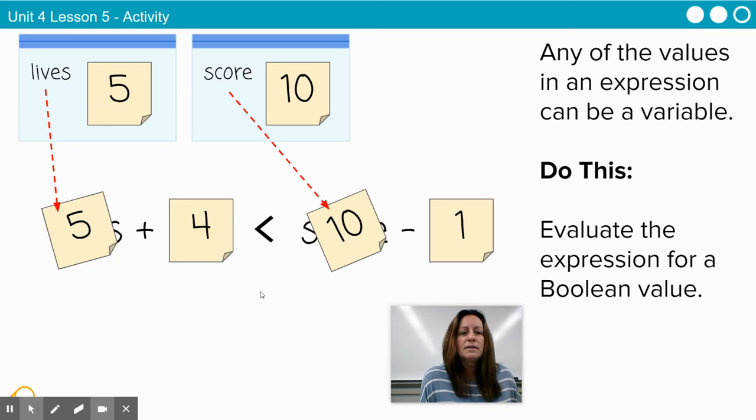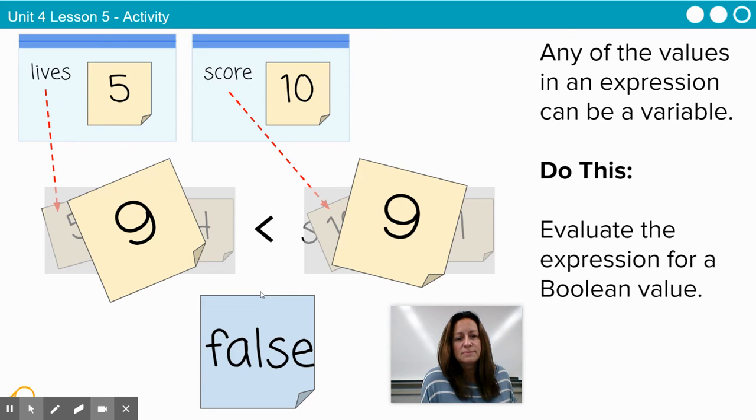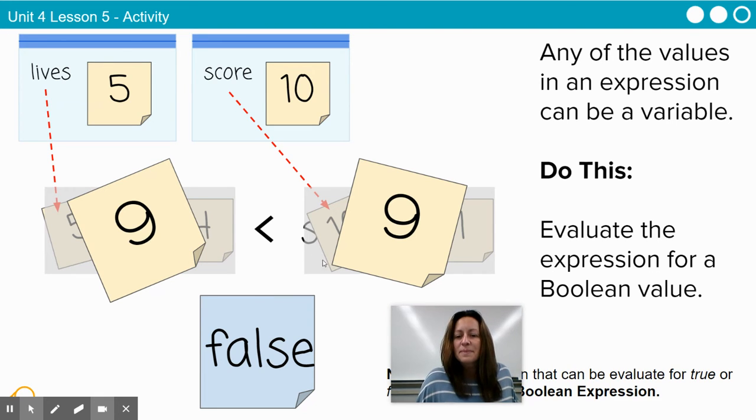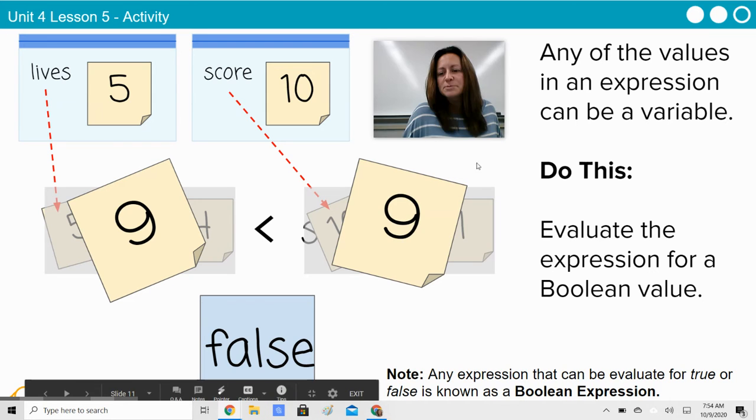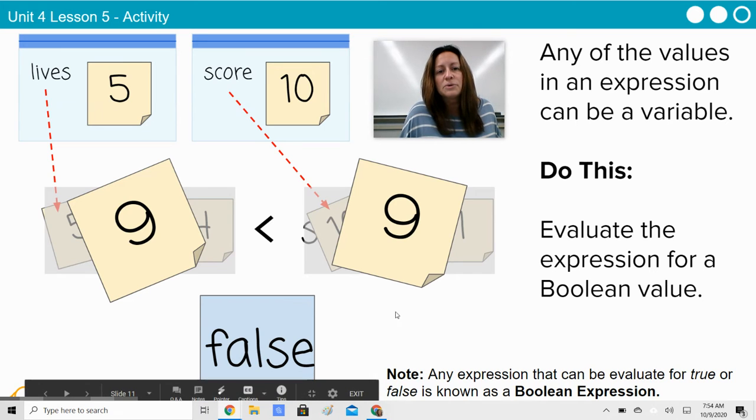And then we combine so that each side has only one value. And then we compare. 9 is less than 9. False. 9 is not less than 9. 9 is equal to 9. Any expression that can be evaluated for true or false is known as a Boolean expression. So this whole thing is a Boolean expression.